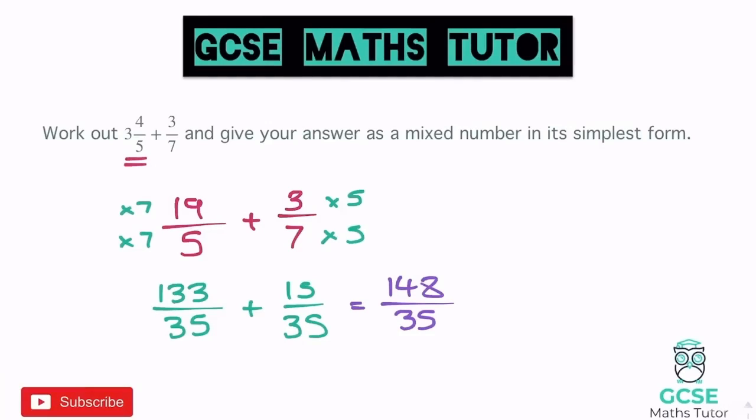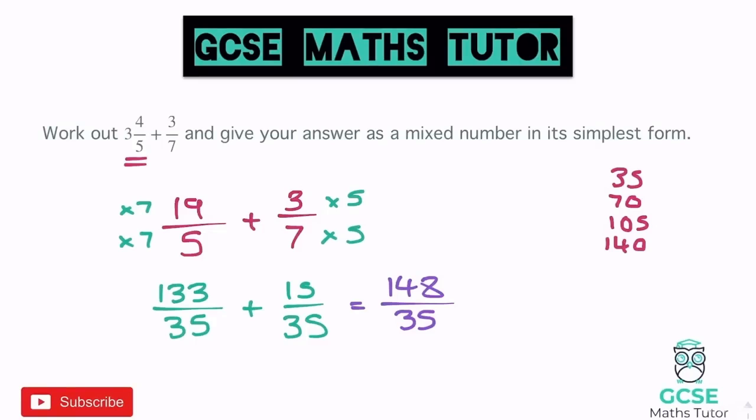Now it says here to give your answer as a mixed number in its simplest form. It's up to you whether you simplify first or turn it into a mixed number first, but we need to turn it back into a mixed number. To do that I need to know how many times 35 goes into 148. That's not the nicest, so I'm going to write down a few of the 35 times table. 35, add another 35 is 70, add another 35 is 105, add another 35 is 140, and it's not going to go beyond 140 because our number is only 148.